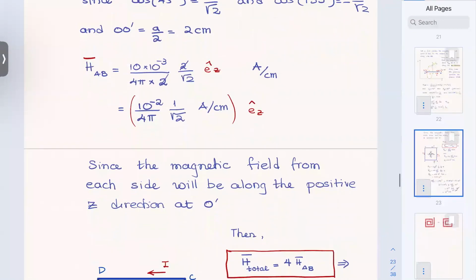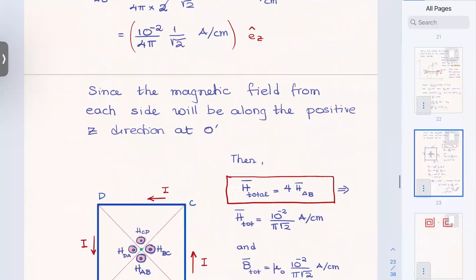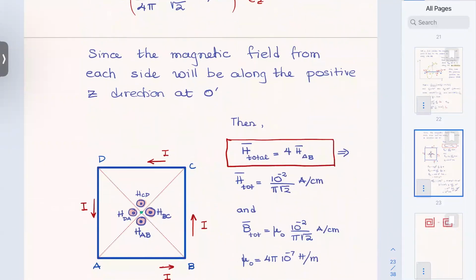We plug in the values and you get exactly this. Now, what we do is that we take all of the other sides of the square. We find the magnetic field from all of these sides, and then we sum them up at the center.